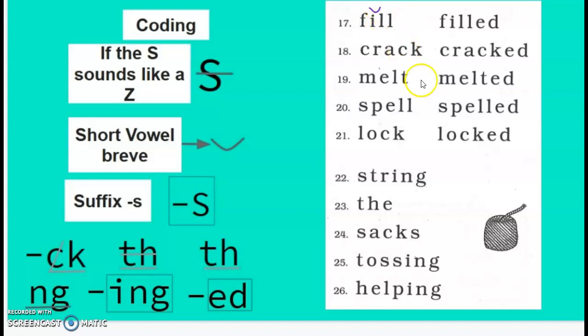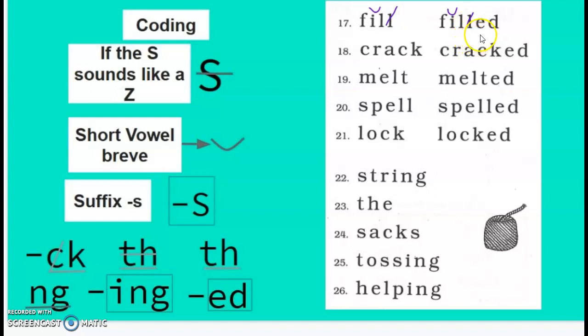A breve goes above the I. We need to do that same thing for over here. And when we have two of the same letter, we don't say fa-il-la. We say fa-il. Let's cross out one of those. When we have a double, we cross out one because we do not sound out both.